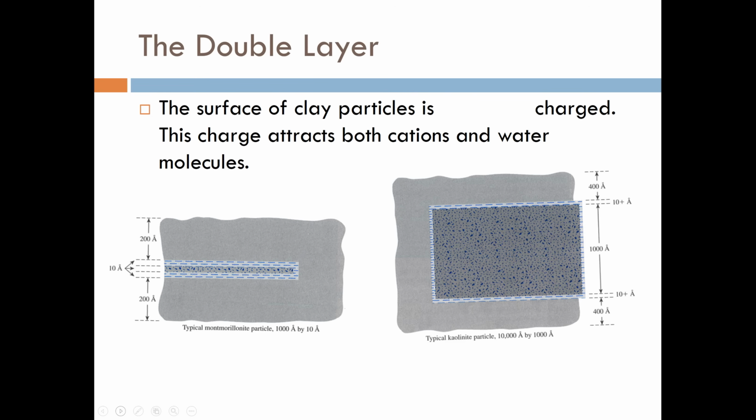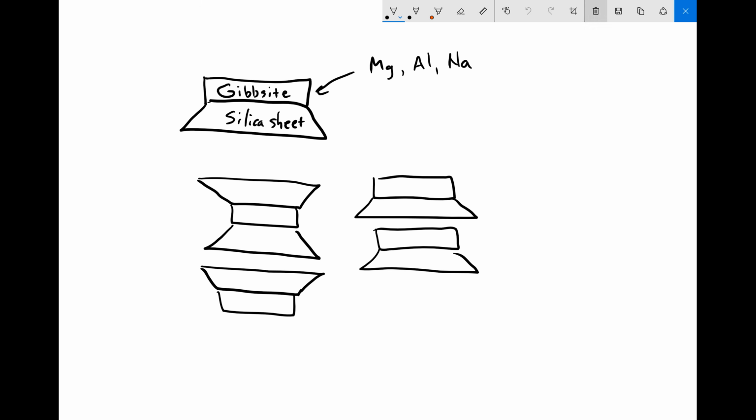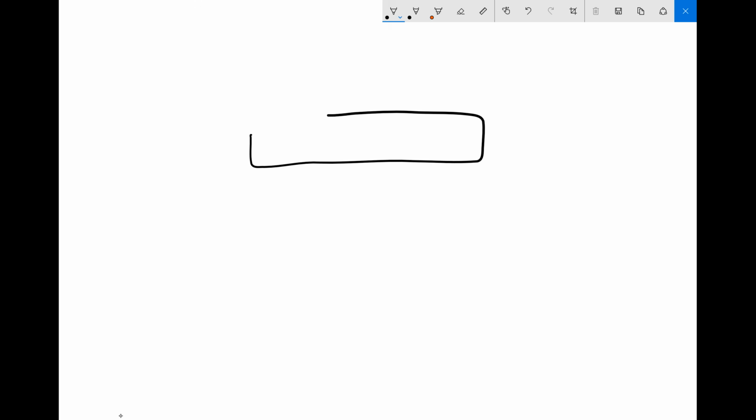And that leads me to a very important topic called the double layer. The double layer is, what's the best way that I can describe this? You understand the flaky particles now. But understand that the outside of the flaky particle itself is negatively charged all along the outside.